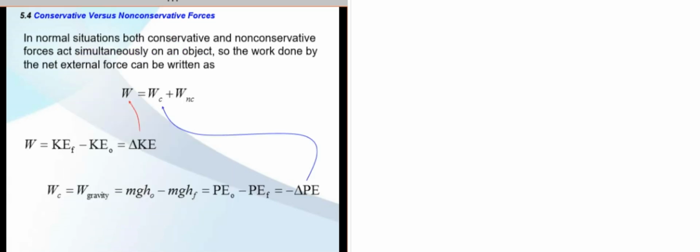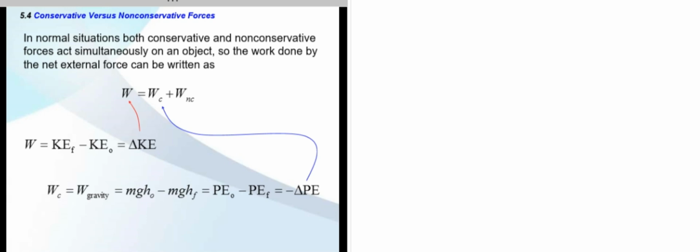Now, in normal situations, in reality, both conservative and non-conservative forces act simultaneously on an object. So they act at the same time on a system or on an object.